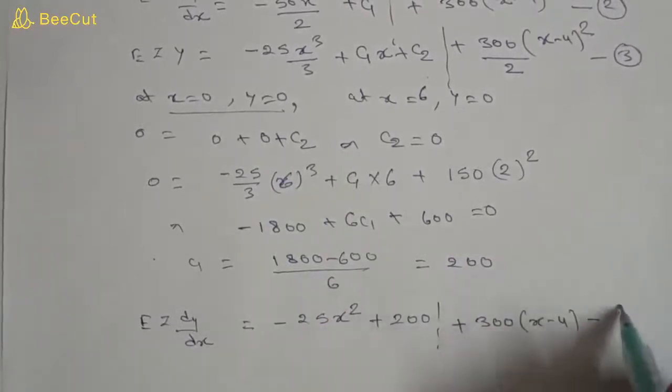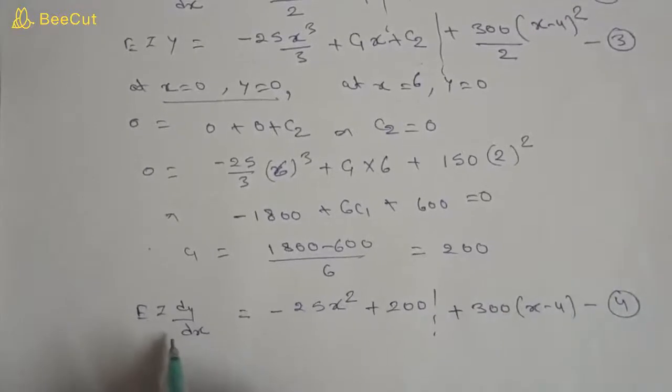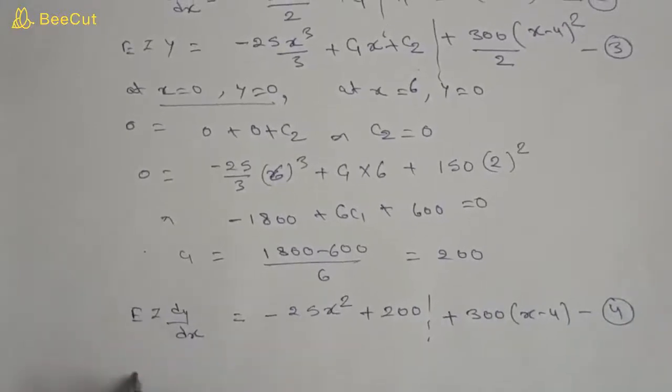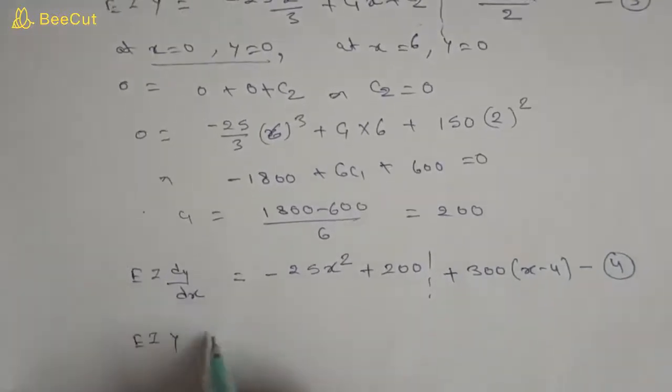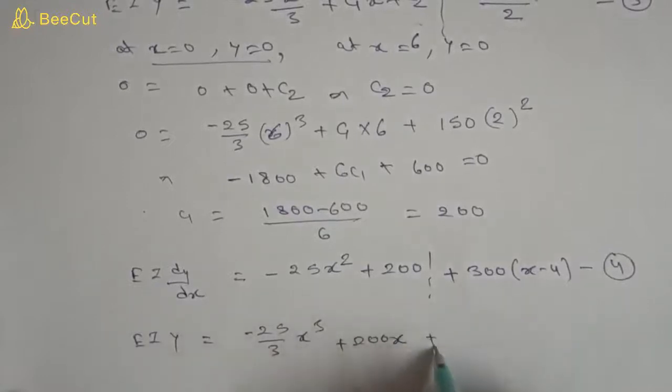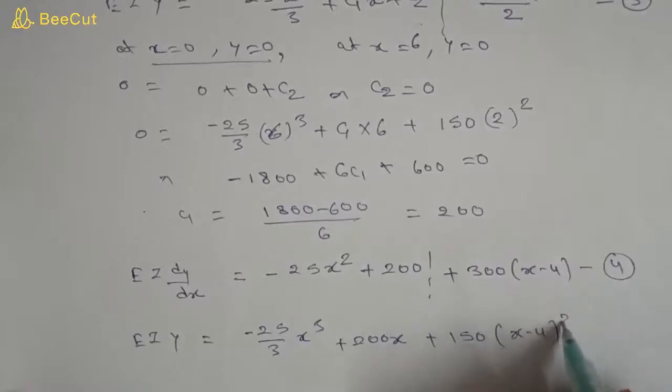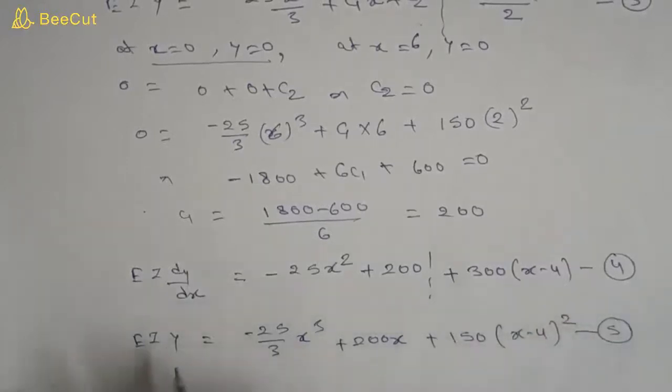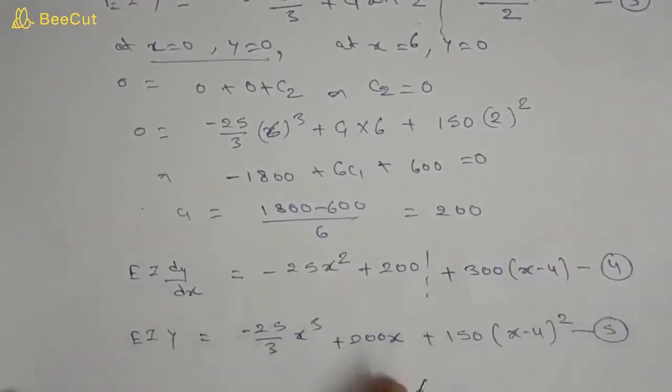So this is equation number 4 for slope, and we have EIy is equal to minus 25 by 3 x cube plus 200x plus 150 (x minus 4) to the power 2. This is equation number 5. This will represent the deflection.